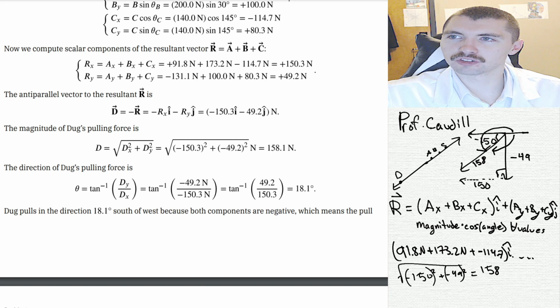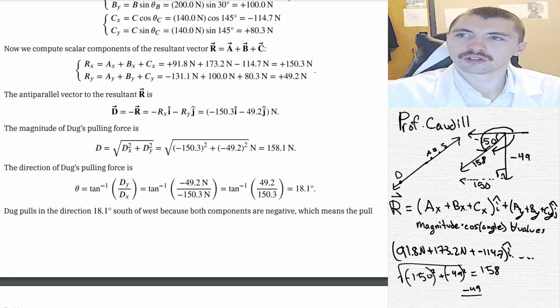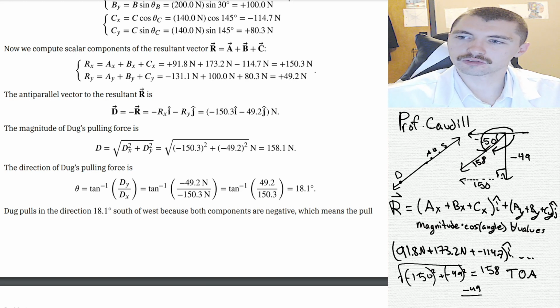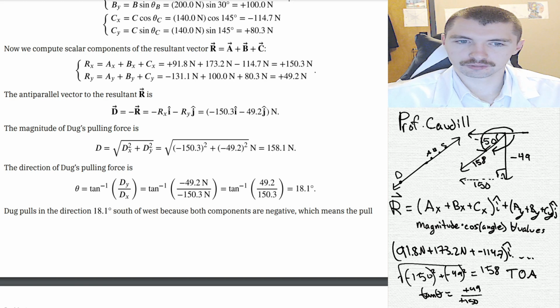So what's opposite of this angle? That's negative 49. And so we're using TOA for tangent function. So tangent theta is 49 over negative 150. And these turn into positives because you're dividing by negatives. A negative times a negative is a positive. And you take the inverse.